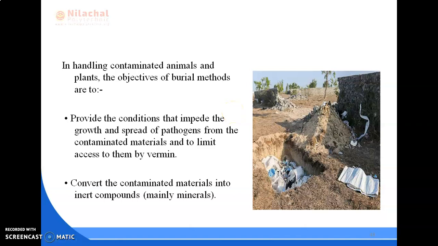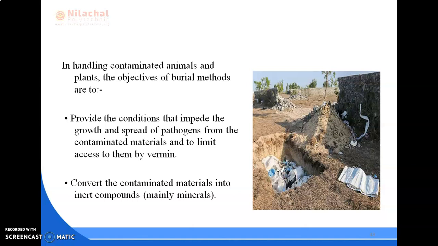In handling contaminated animals and plants, the objectives of burial methods are: first, the main aim of this method is to provide the conditions that impede the growth and spread of pathogens from the contaminated materials and to limit access to them by vermin.